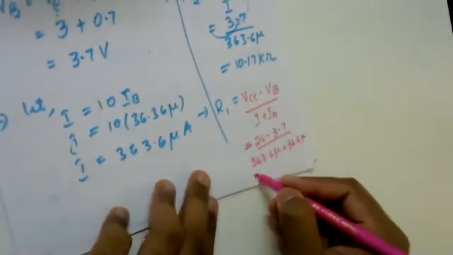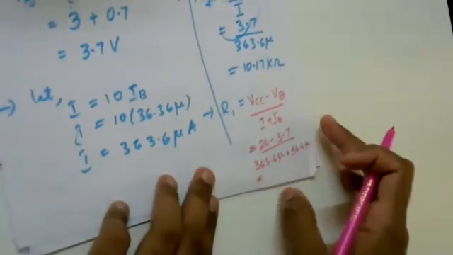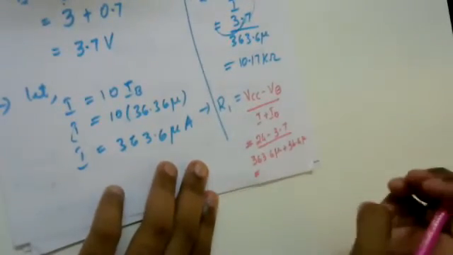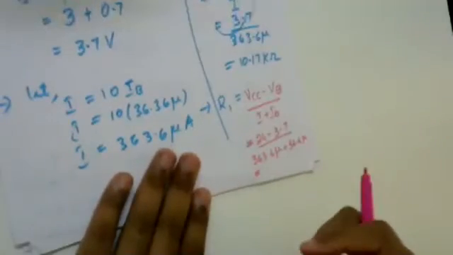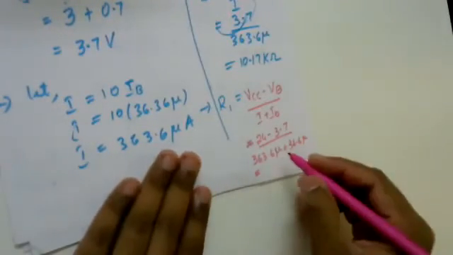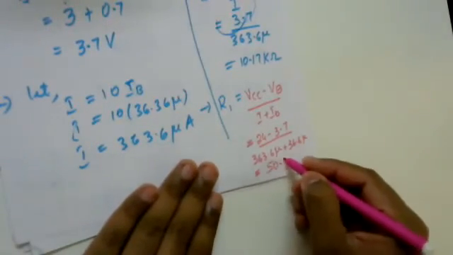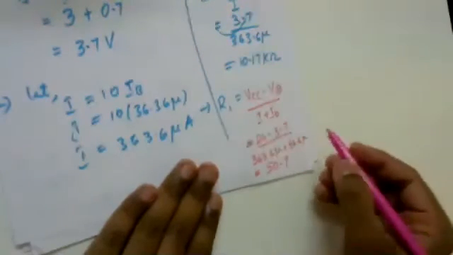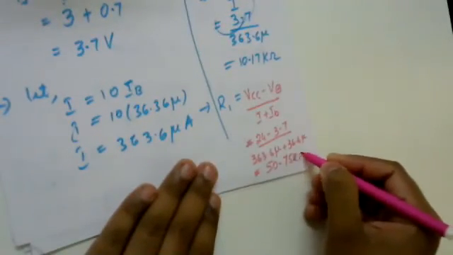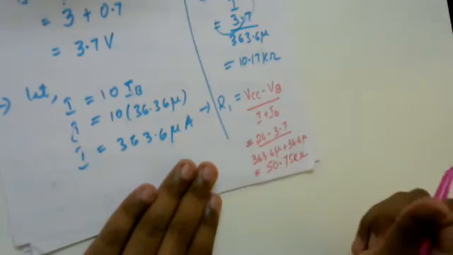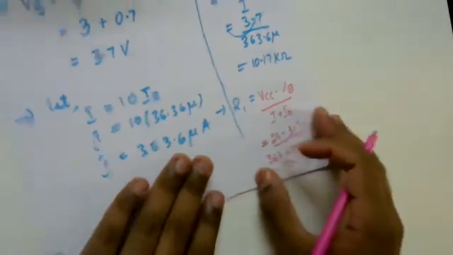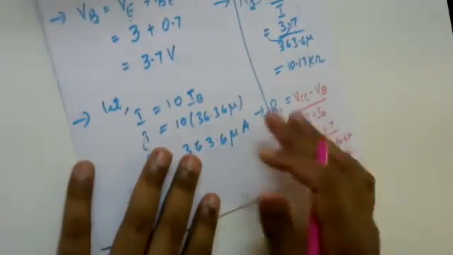So what's the value of your R1? 50.75 K. Good, good, Pooja. 50.75 kilo ohm. Is it clear?